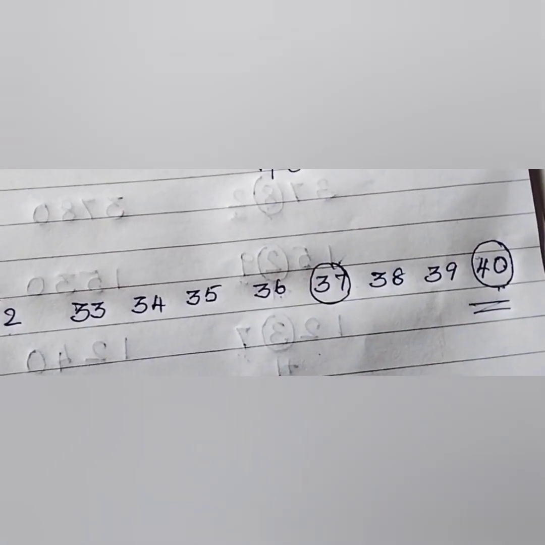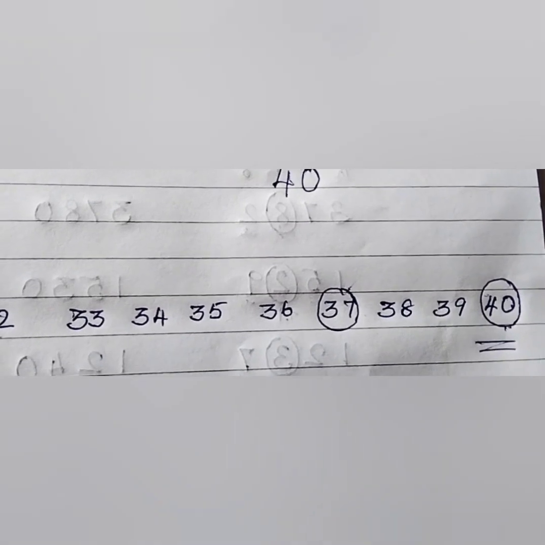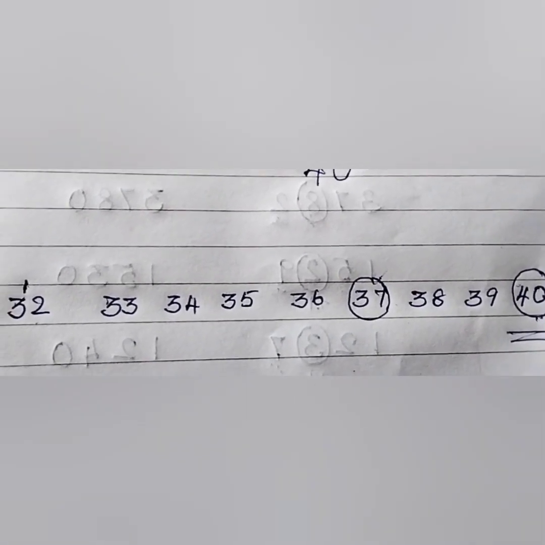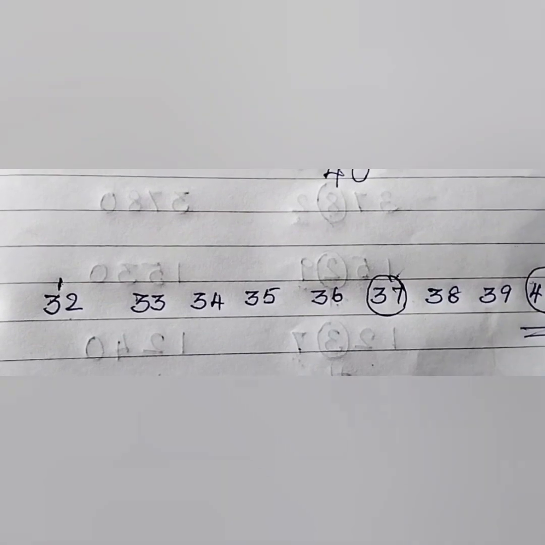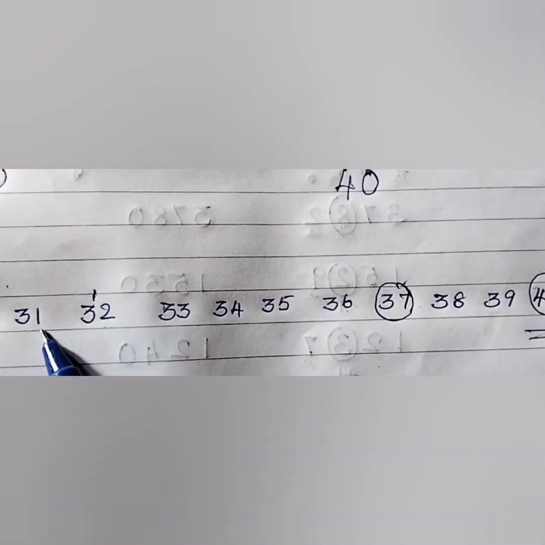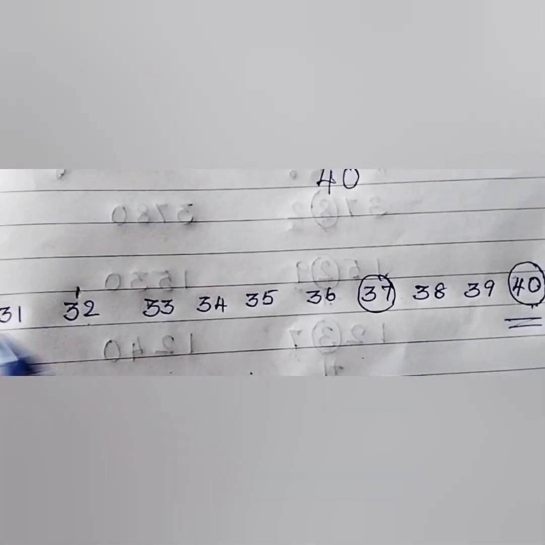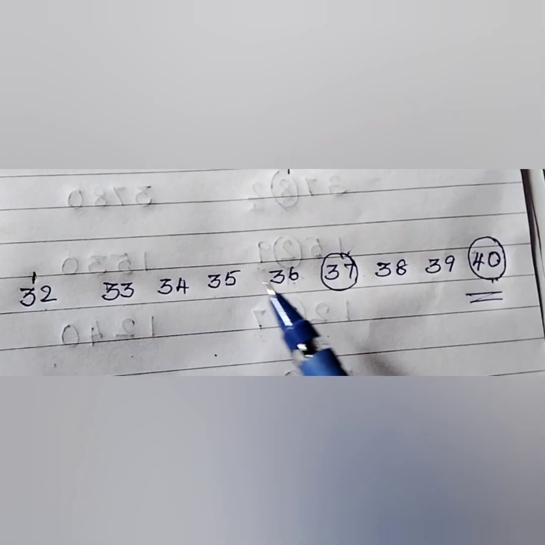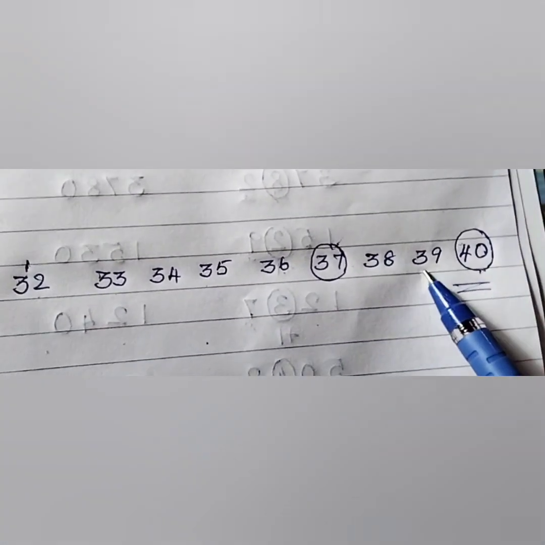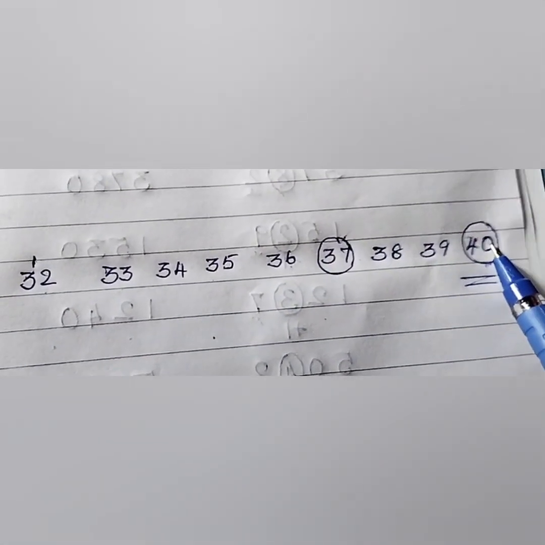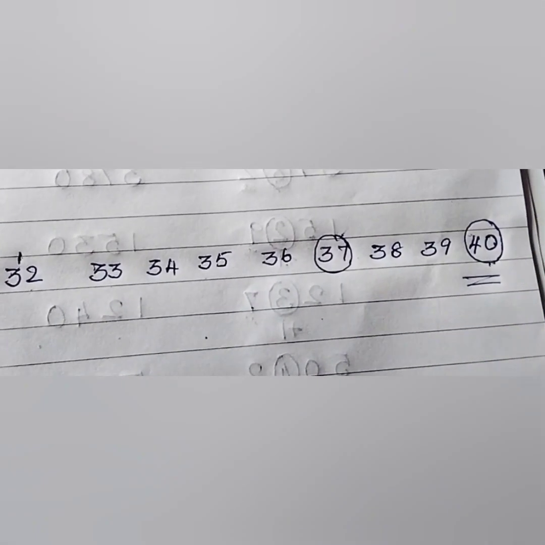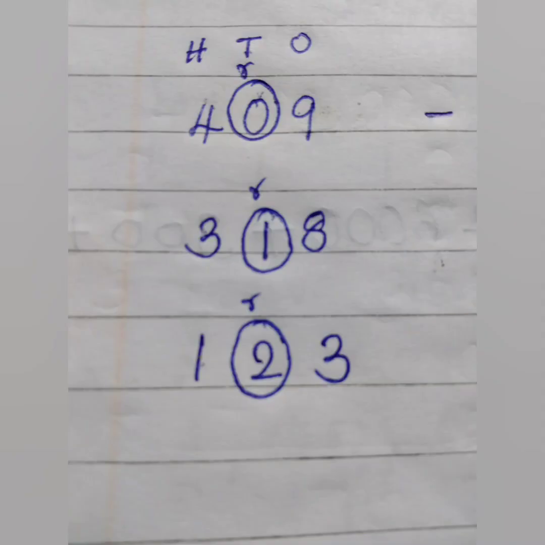So we say it as 40. 31, 32, 33, 34, all these numbers will be rounded off to 30 and 35, 36, 37, 38, 39 will be rounded off to 40 as they are nearer to 40. These are the numbers which we are going to round off to nearest 10. Let us take the first question.